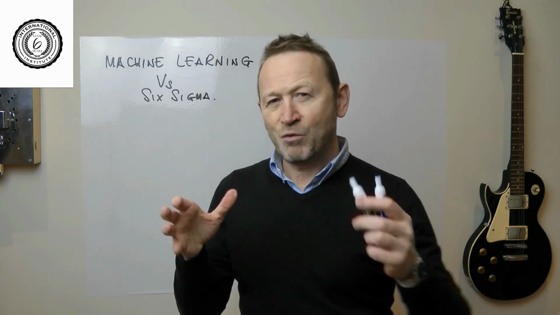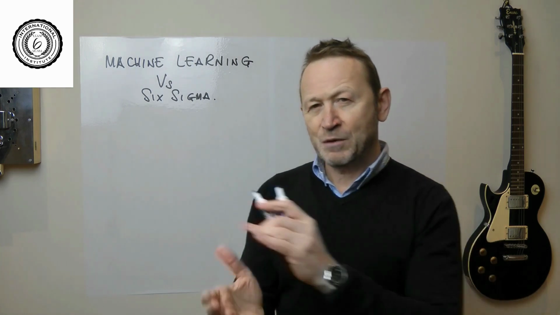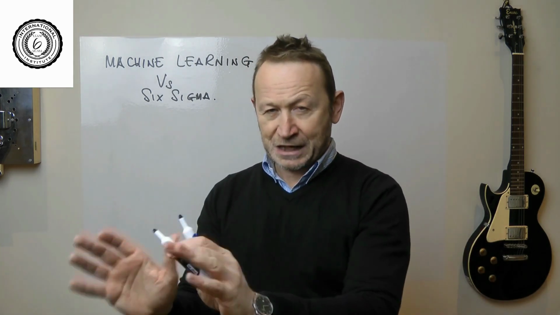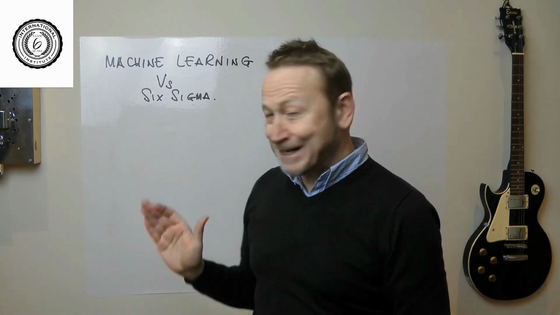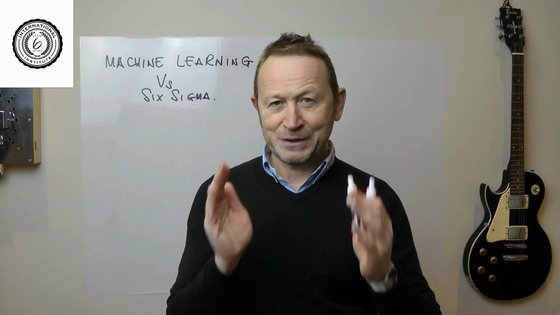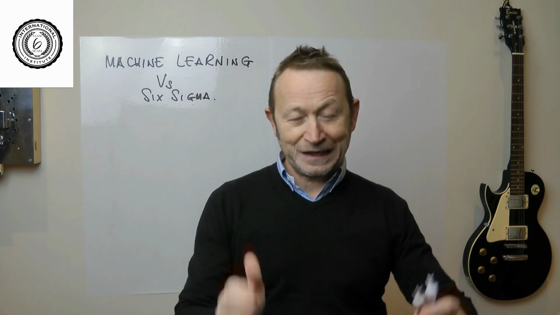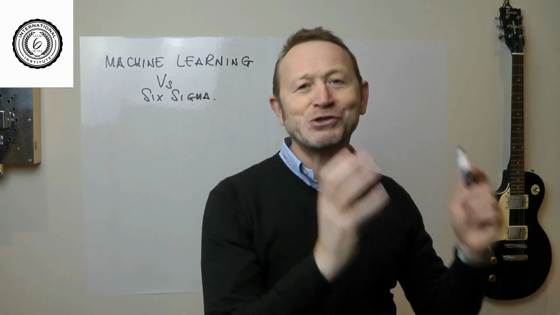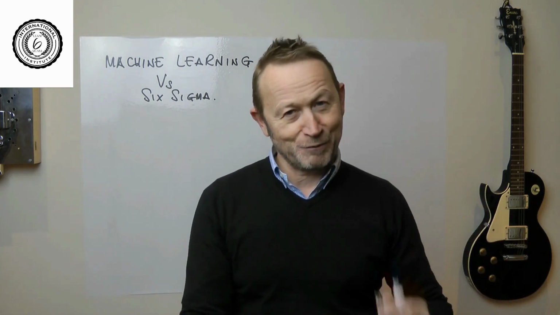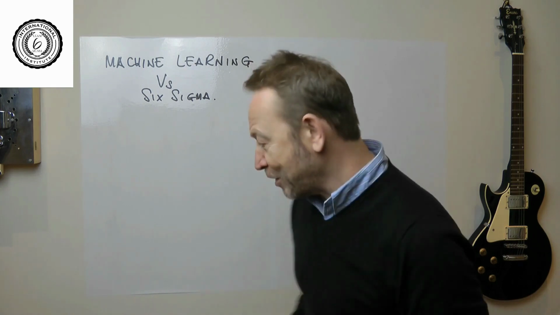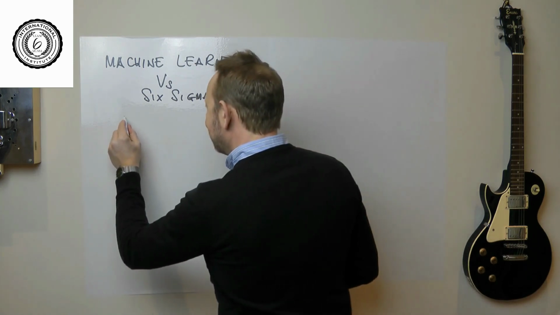All right, so what I want to do is kind of place machine learning in a particular place in the Six Sigma journey, because you need to be careful. People love to buy technology and they always think technology is the answer to all of their problems. So let's start by reminding you of the three states your process could be in.